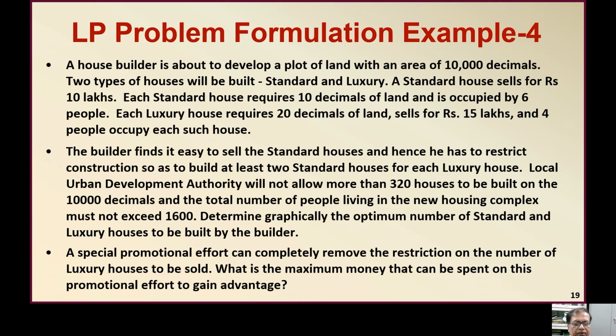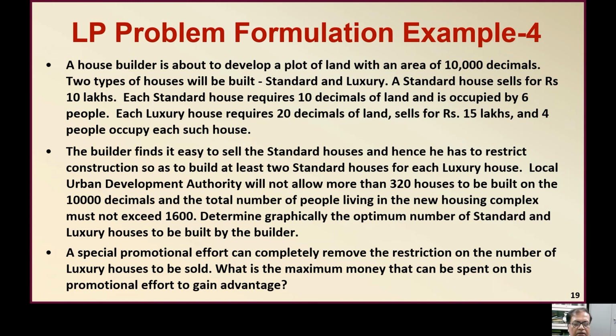But also there is a constraint that at least 2 standard houses are to be built for each luxury house. That means if I make 10 luxury houses, I must make at least 20 standard houses. Is it not? So if x1 is the standard houses, 2x1 is 2 times the standard houses.